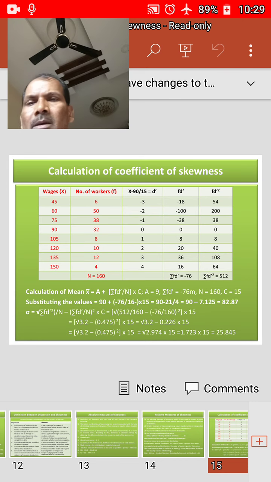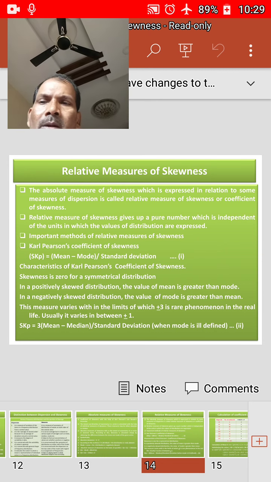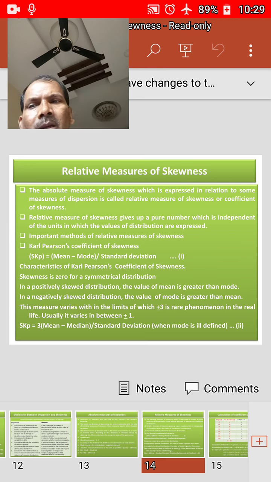Of course, the equation given by Karl Pearson is based on the relationship between different averages for a moderately asymmetric distribution. Mode is equal to 3 median minus 2 mean. Mode is equal to 3 median minus 3 mean plus mean. Mode minus mean is equal to 3 bracket of median minus mean.